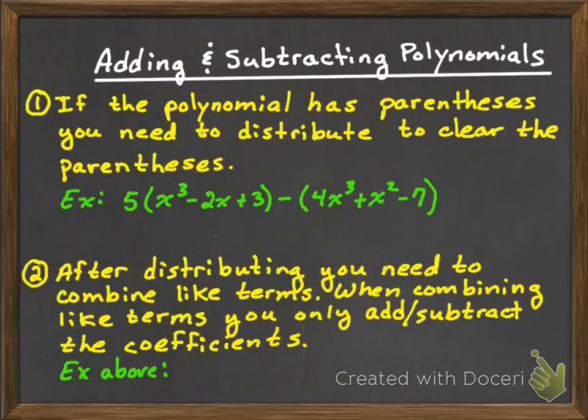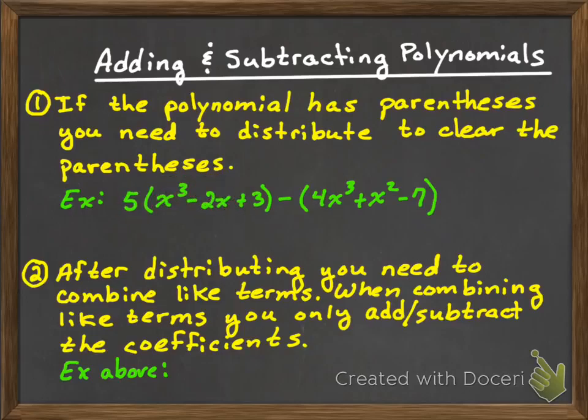All right, so now moving on to the actual operations with the polynomials, starting with addition and subtraction. If a polynomial has parentheses, this is the first thing that you will need to do, and that is distribute whatever number is outside the parenthesis to everything that is inside the parentheses.